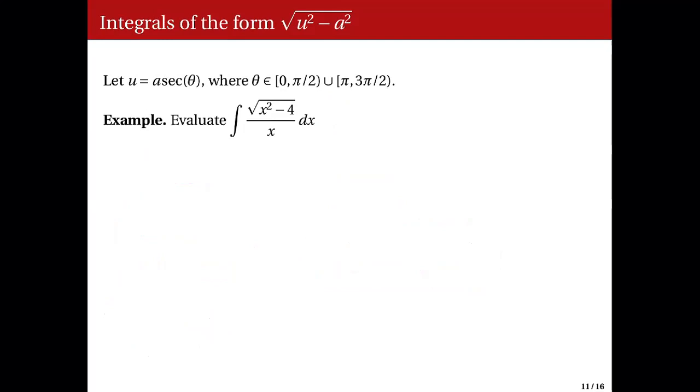Another example here: the integral of square root of x squared minus 4 over x. So again, our a here is equal to 2. We let x be 2 secant theta, so dx is equal to 2 secant theta tangent theta d theta.